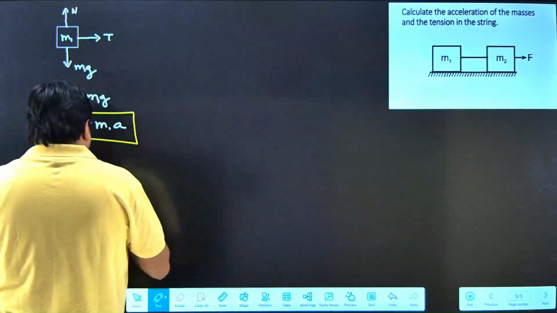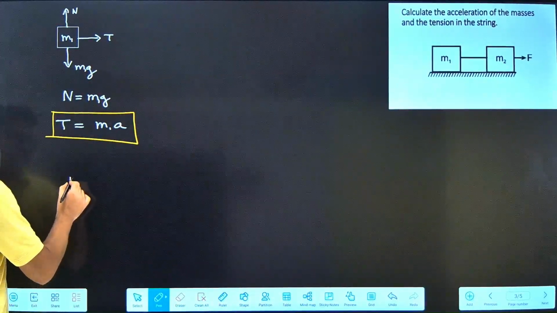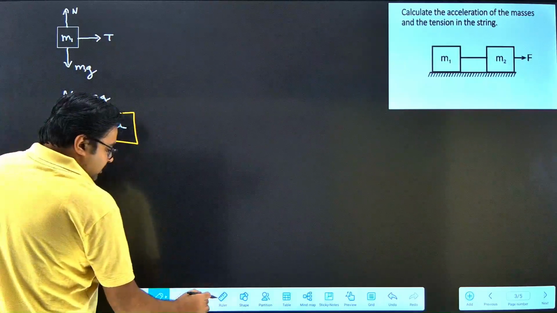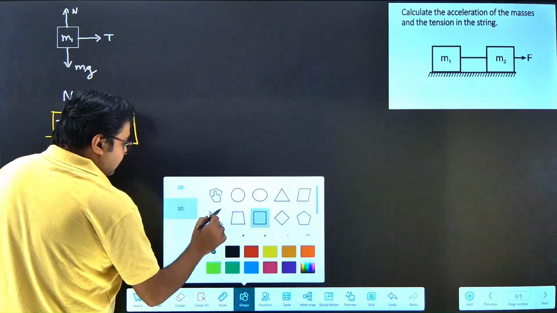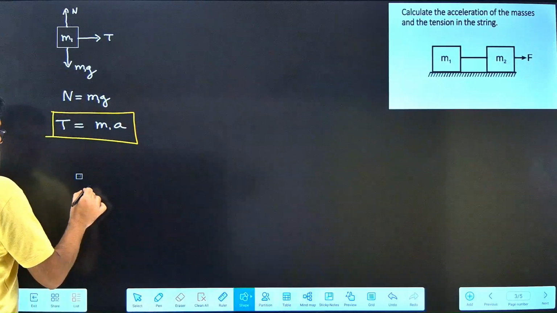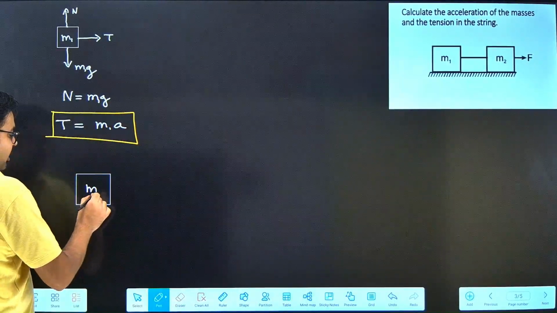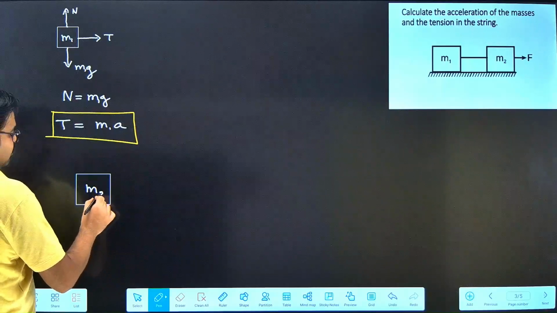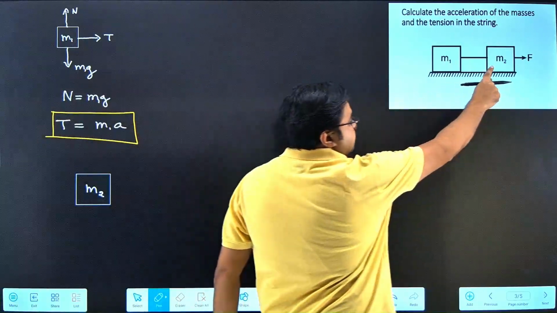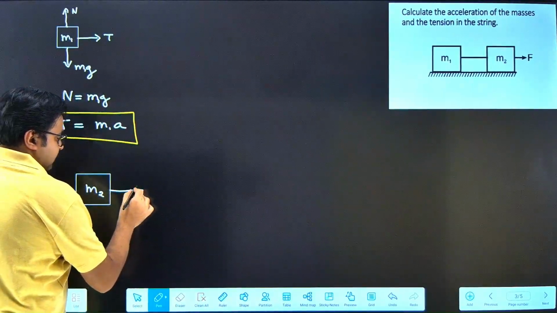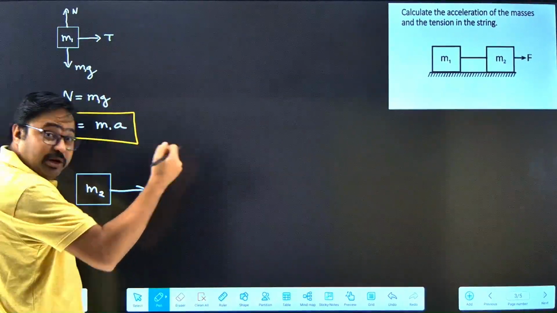Let's do it. So we have the free body diagram of mass m2. You like it? Let me do it a little nicely. So just like I did for m1. So I have m2 here, because that's m2. This is the block that I'm drawing. There is a force that's acting in the forward direction. Somebody is pulling it.